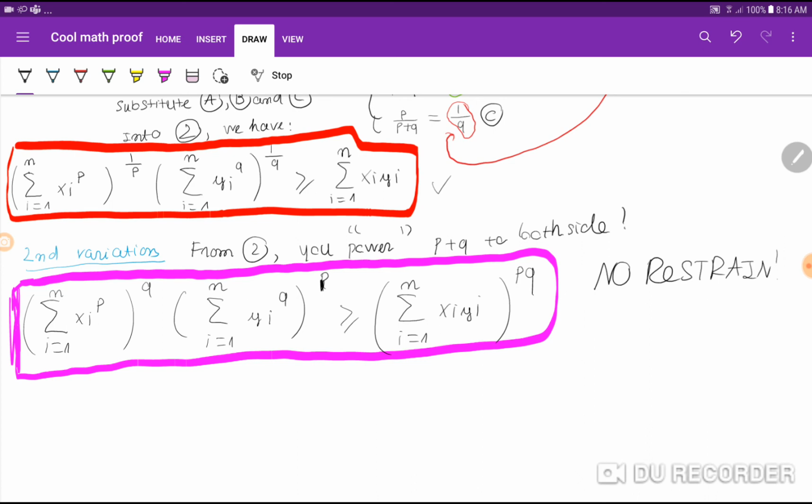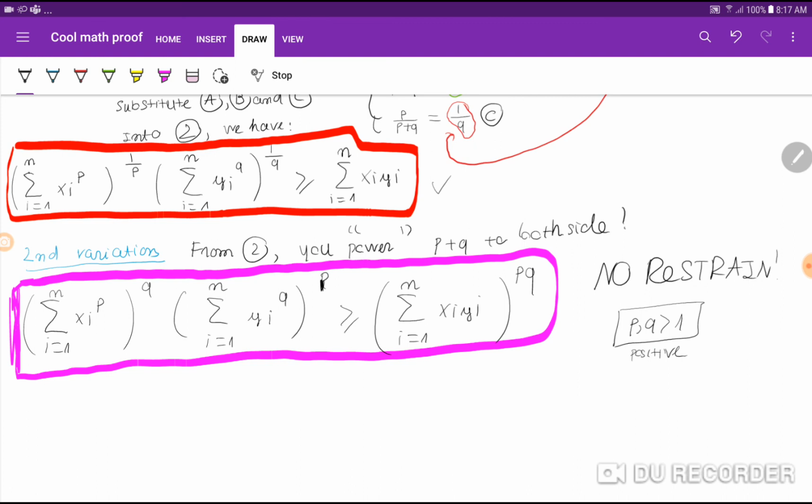Oh my god, I almost forgot. For P and Q, actually there's a restraint. That restraint is that P and Q have to be greater than 1, and positive. Yes, P and Q have to be greater than 1. Forgot that. It will work if that's the case.